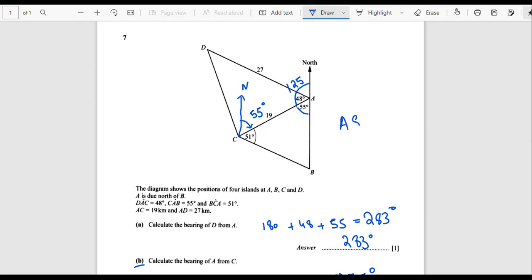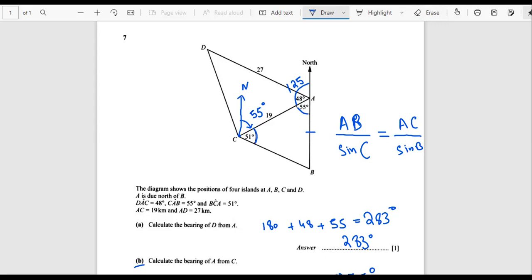So AB divided by sine of angle C is equal to AC divided by sine B. Okay. So this is the side that we need to find. The angle opposite to this side is C.